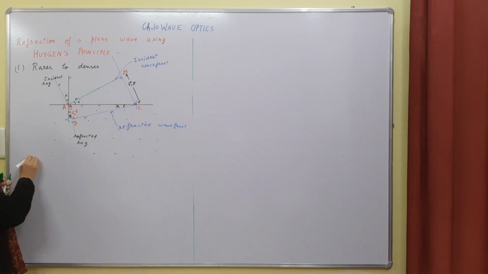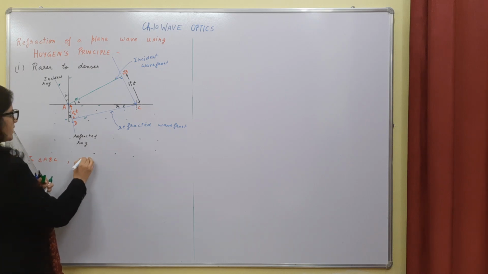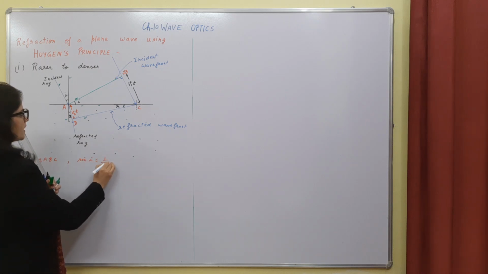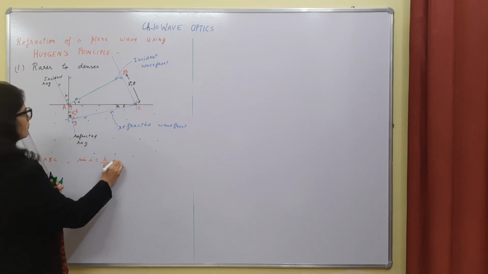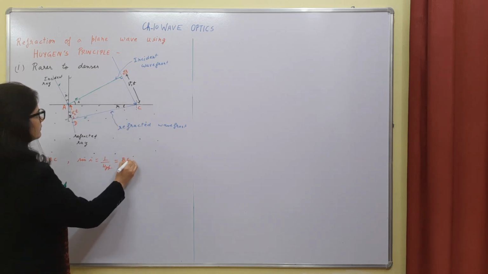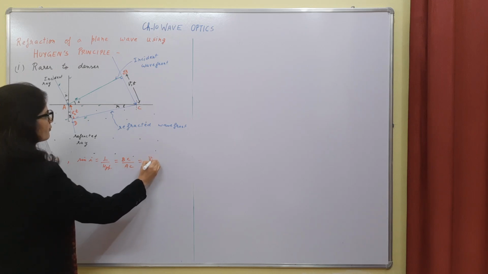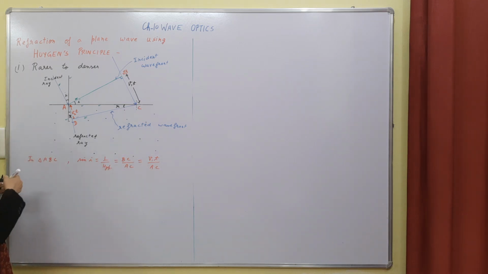So in triangle ABC, sine I is perpendicular upon hypotenuse. Perpendicular is BC, upon hypotenuse AC. BC is V1T and AC is AC, right?